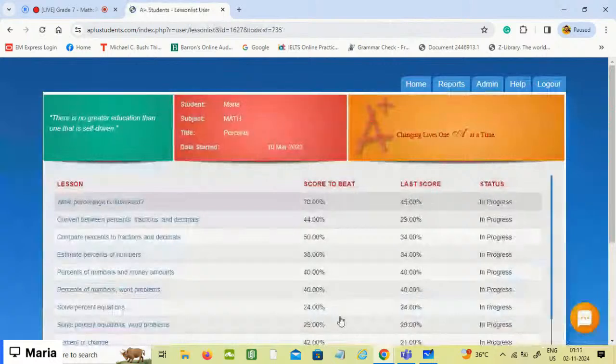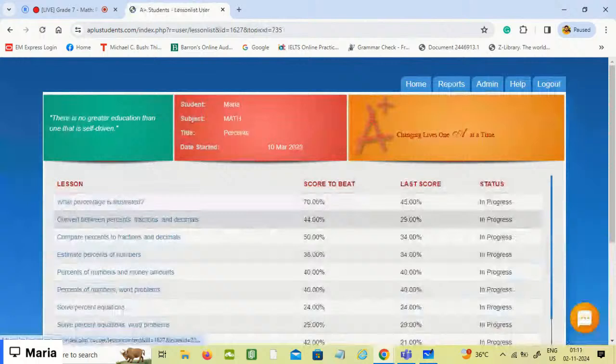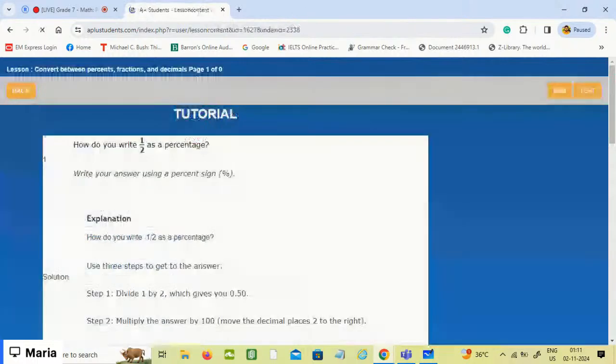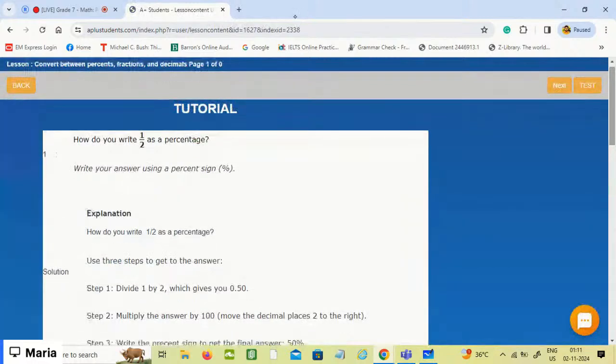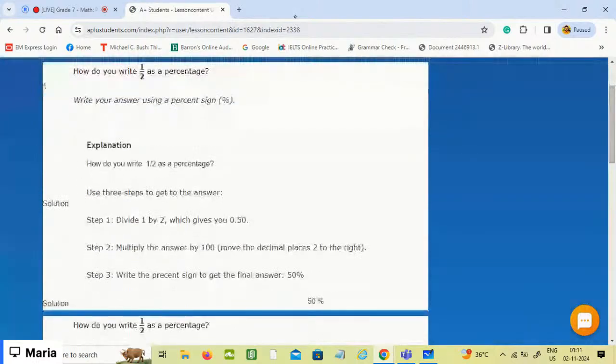Convert between percents, fractions and decimals. How do you write half as a percentage? You need to write down 1 by 2 as a percentage, right? How do we convert from fraction to percentage? Just divide, right? 1 by 2. When you divide 1 by 2, the answer is 0.5, right?